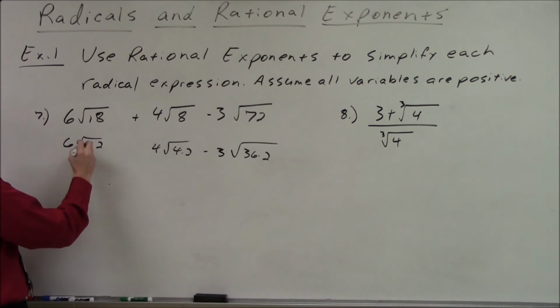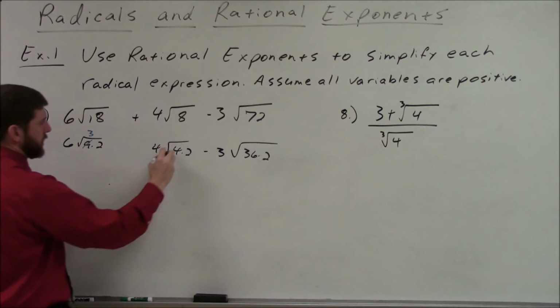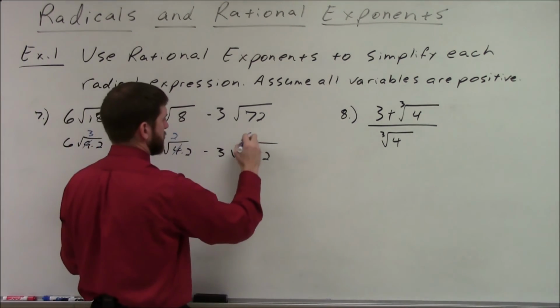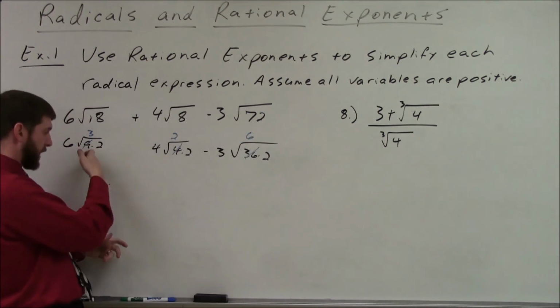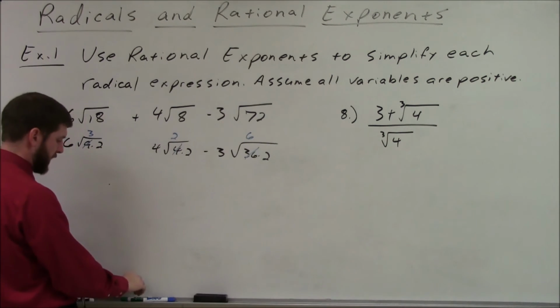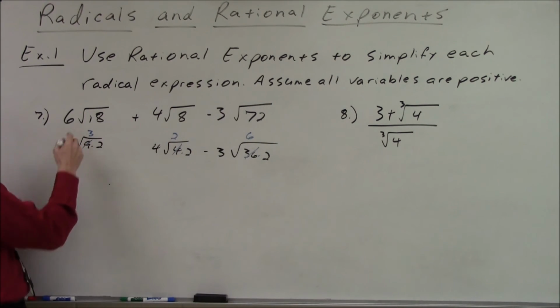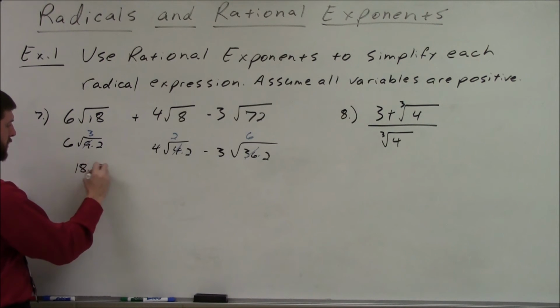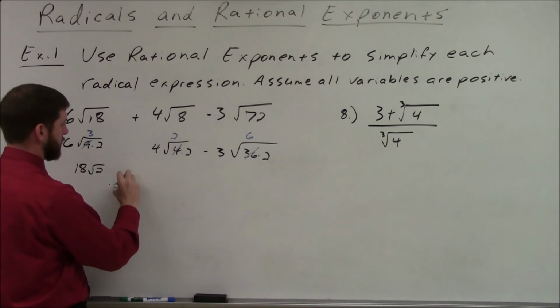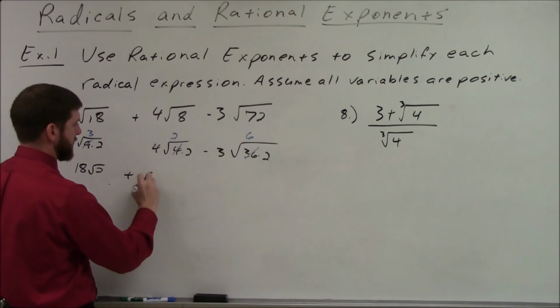So square root what you can. The square root of 9 is 3, the square root of 4 is 2, the square root of 36 is 6. So we end up with 6 and 3, which is 18 square roots of 2, plus 4 and 2 is 8.